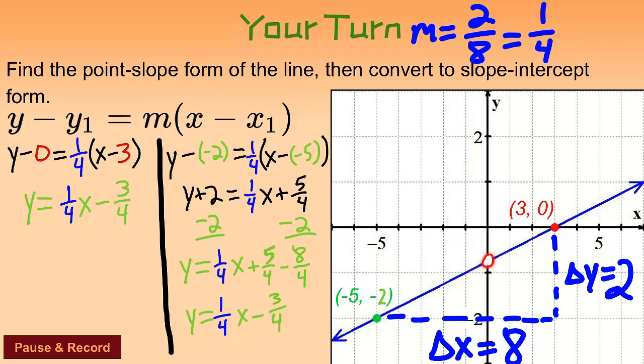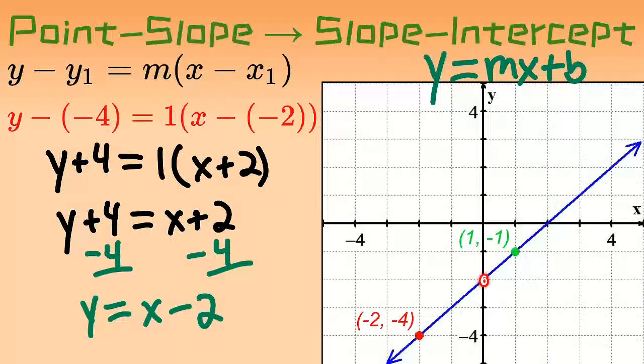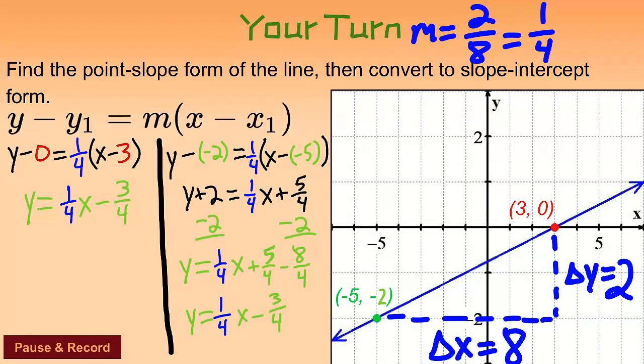I could just write problems that would be impossible for you to know what the y value was. But this process would allow you to find it. Now, the problems that I've been using so far, the y value is really clear. And the reason why I'm doing that is because I don't want to write a really hard problem straight away. Notice that these problems have gotten progressively more difficult.